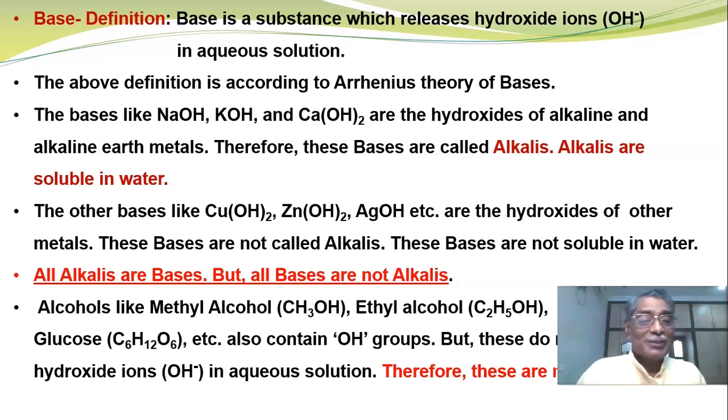But the other bases like Cu(OH)2, Zn(OH)2, AgOH, etc. are the hydroxides of other metals, not of alkali or alkaline earth metals. These bases, therefore, are not called alkalis, and these bases are not soluble in water. Please know that all alkalis are bases, but all bases are not alkalis.